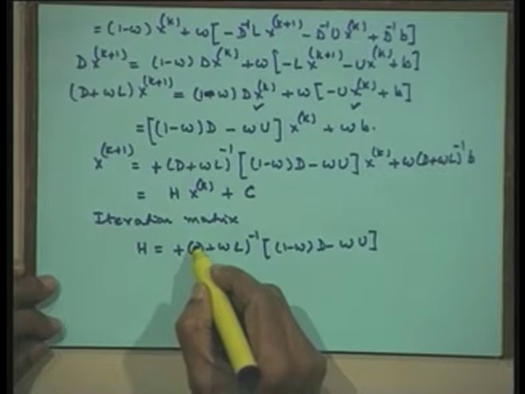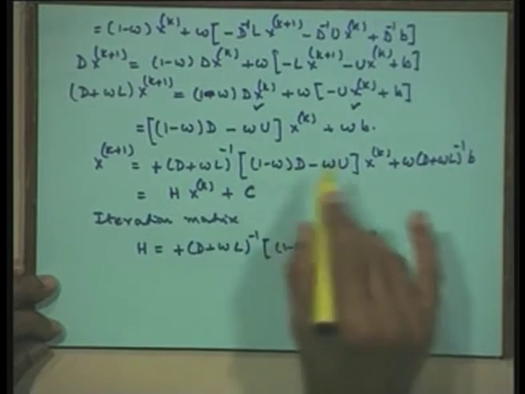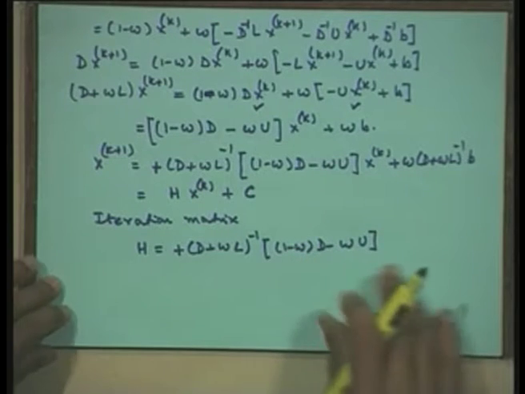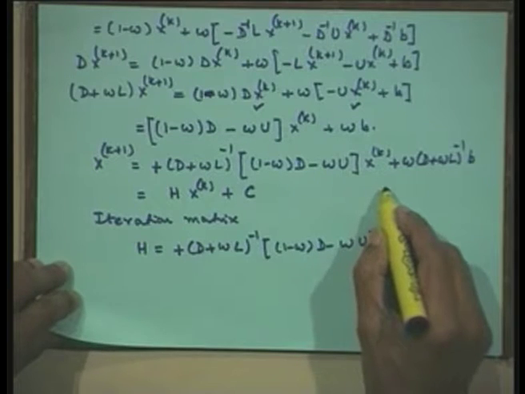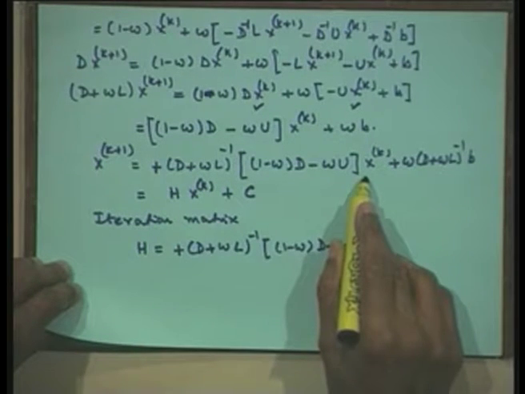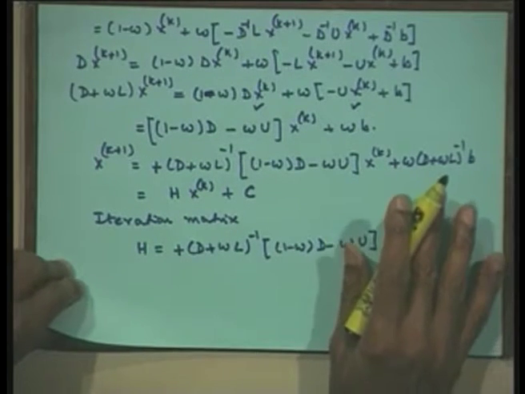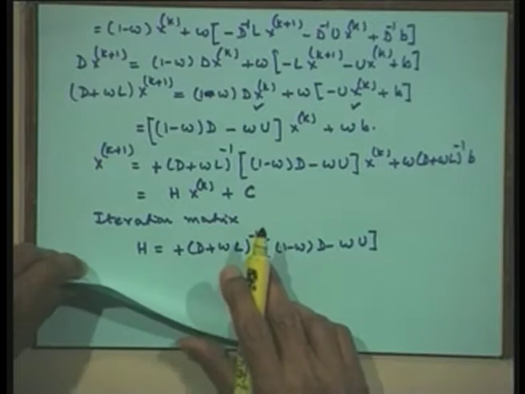Therefore, what we would like to say here is that the behavior of this iteration matrix will tell us whether the iteration is going to converge or not. However, for computational purposes, this particular expression is not useful for us, because it is going to take a lot of computer time.